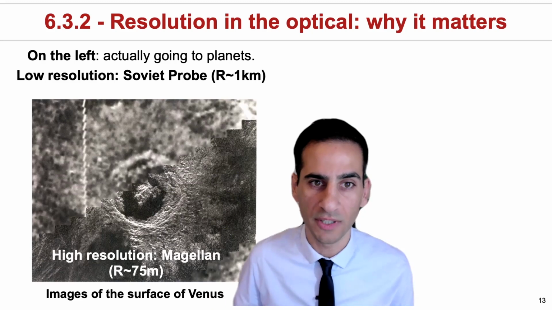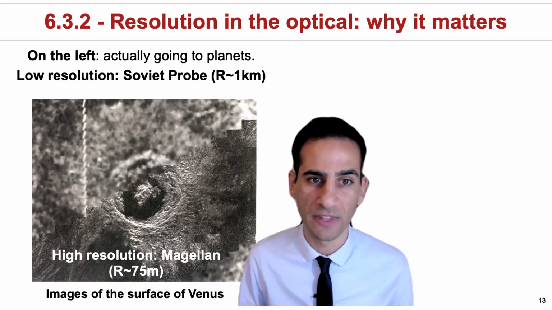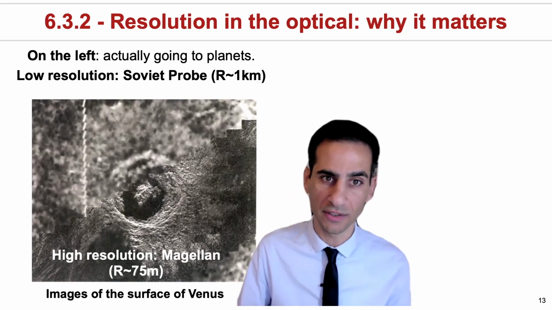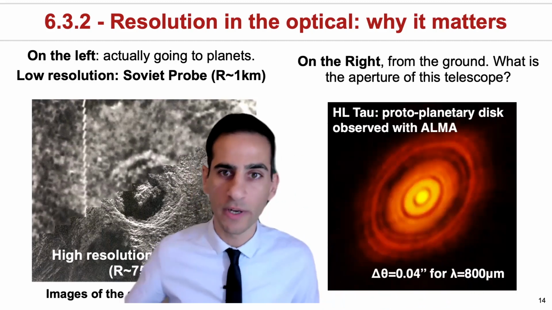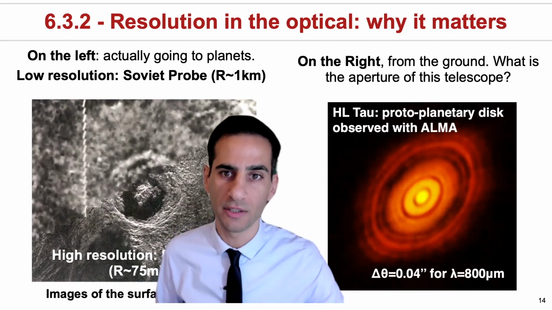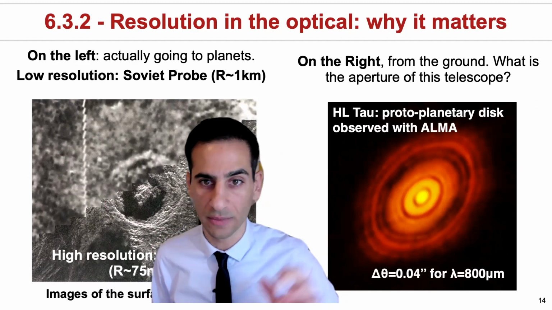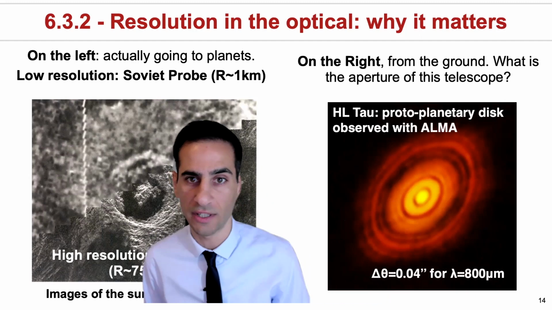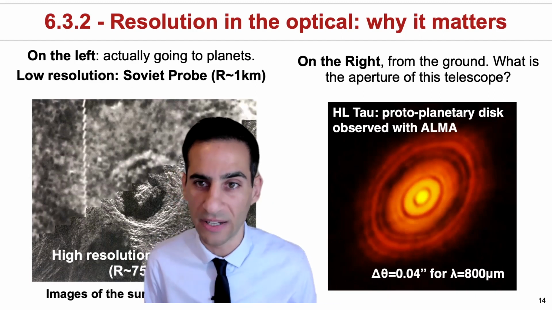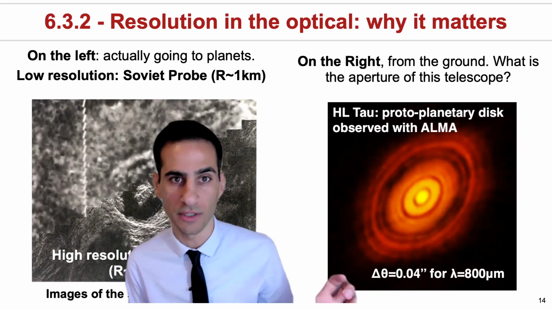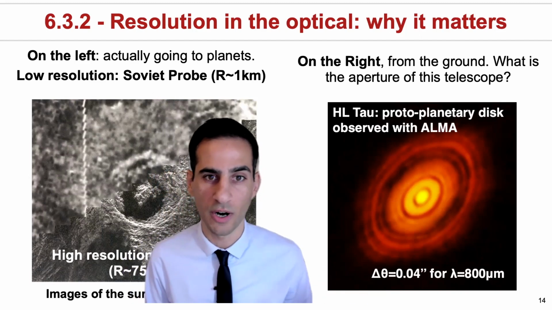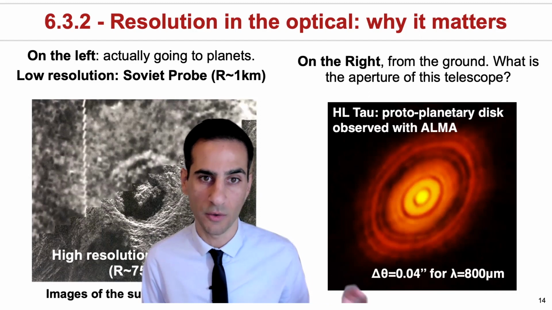The reason why we want high resolution is because that will allow us to unveil the details that otherwise we would miss completely. And this is even more important when you go way beyond the solar system and we start studying, for example, solar system formation, like you see here. This is a protoplanetary disk observed with ALMA that achieves an amazing resolution of 0.04 arcsecond at a really long wavelength.